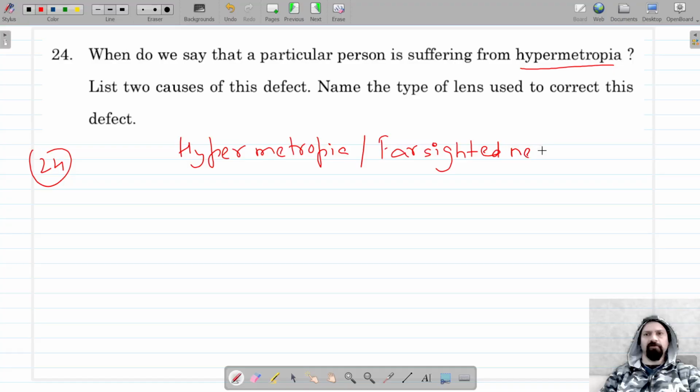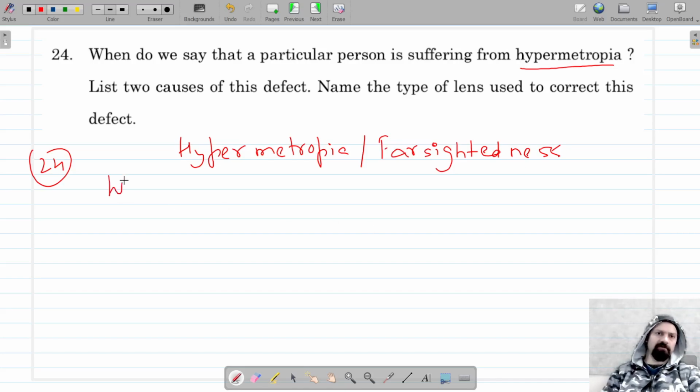So it's also called farsightedness. And when do we say, it is asked, when will we say that a particular person is suffering from hypermetropia? The reason is when he cannot see nearby objects distinctly.